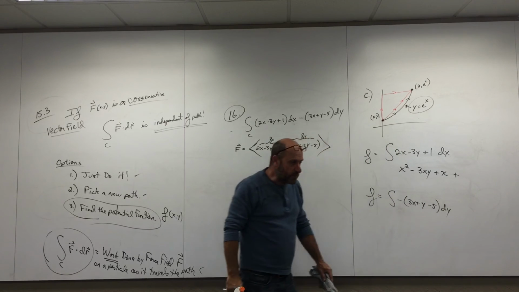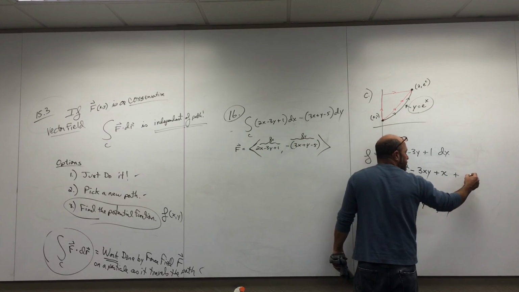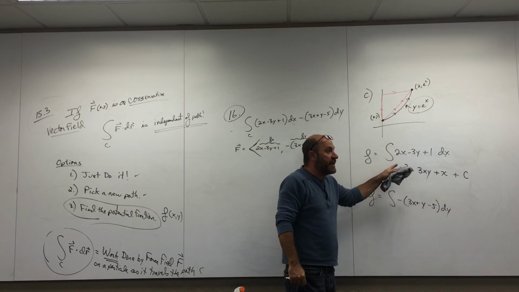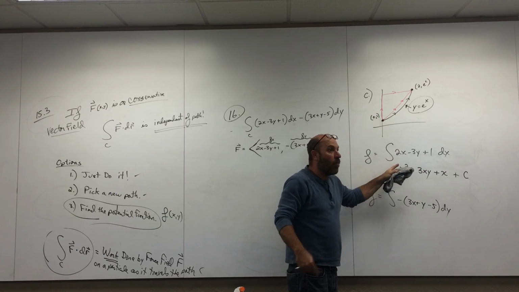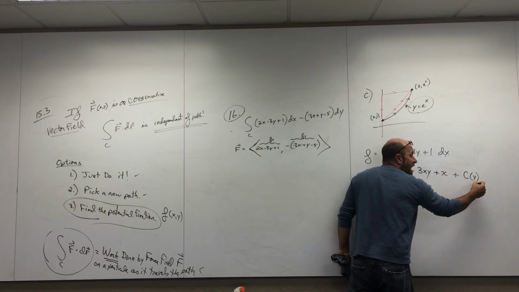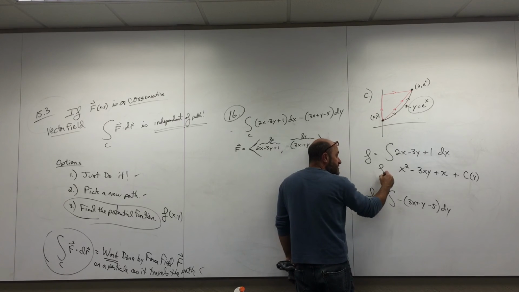Plus some constant. But when you're integrating with respect to x, who did you just treat like a constant? Y. So this plus c on the end could be a function of y. So this is my f.